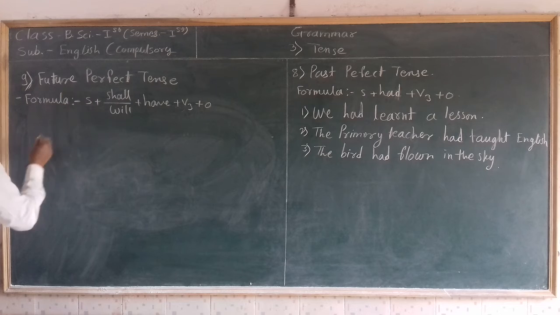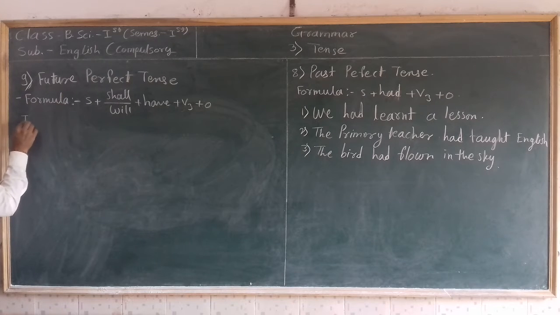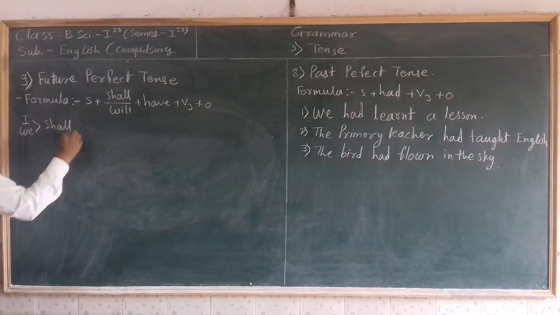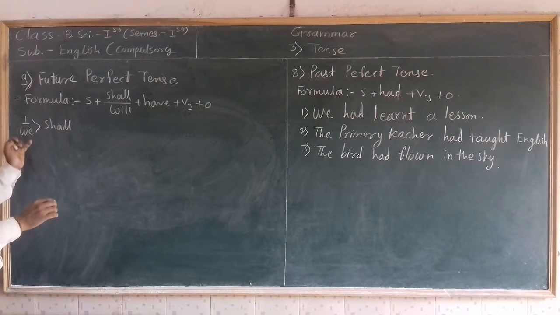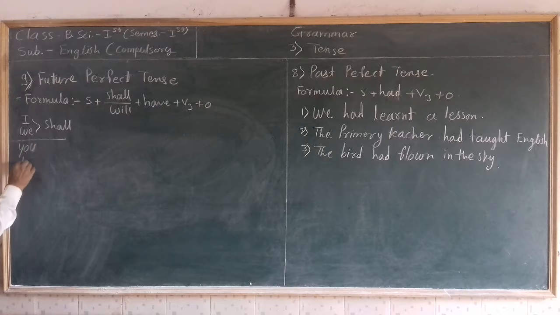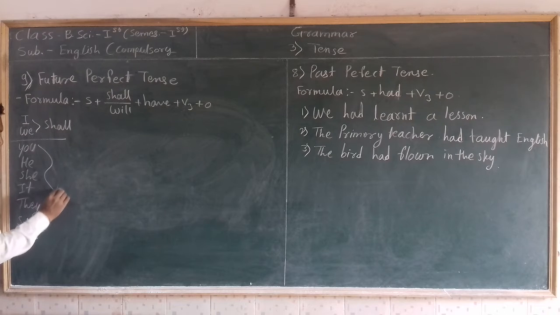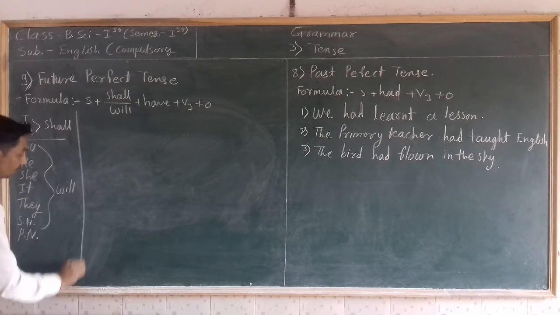So in future perfect tense, always remember, if the subject is I or we, use shall in front of it. And if instead of I and we there is any other subject, use will in front of it. Suppose you, he, she, it, they, a singular noun or a plural noun, always use will in front of it.